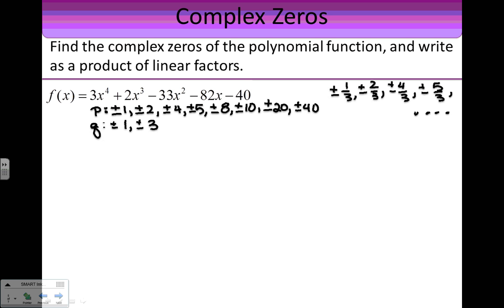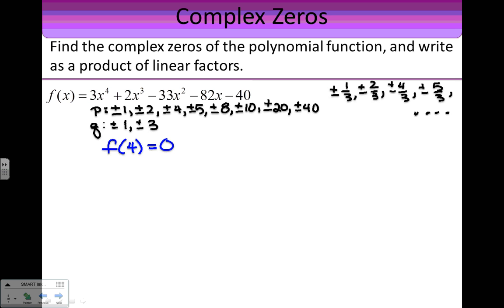If you list out a few and then test those, if you can't find any of those, then list some more, so on and so forth. So you don't spend all your time listing out the P's and Q's. So I'll tell you that 4 is going to be a zero again, so f of 4.